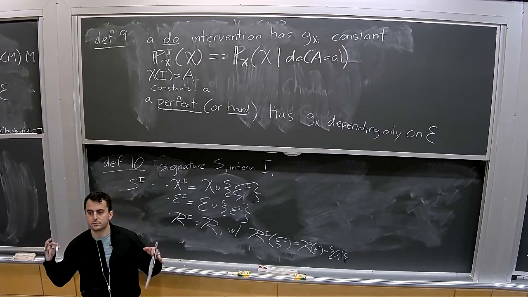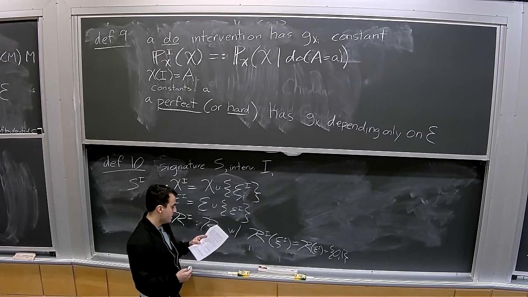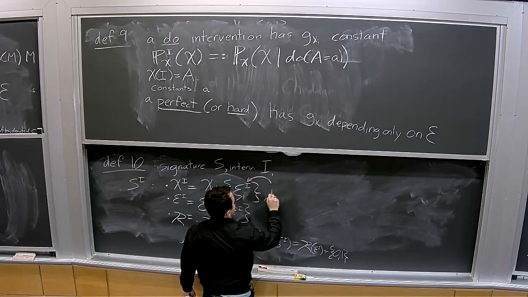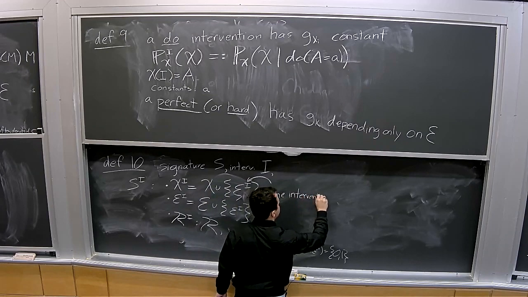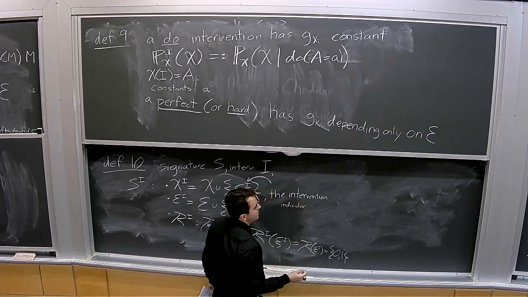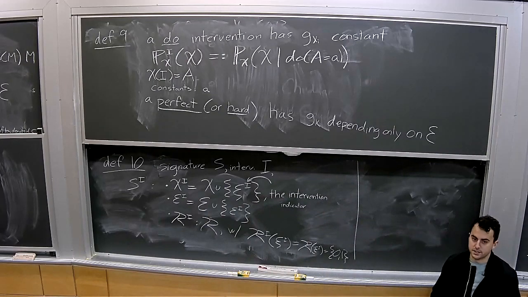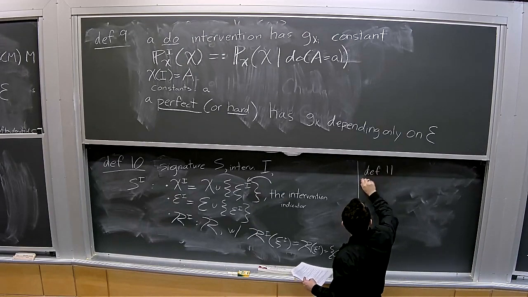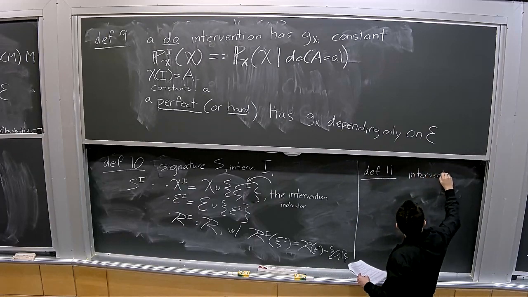But I would conceptualize this in your mind as we just introduce this new variable zeta I, and we can call that something like the intervention indicator. And then we're also going to need to introduce a version of the augmented graph, the interventional augmented graph.